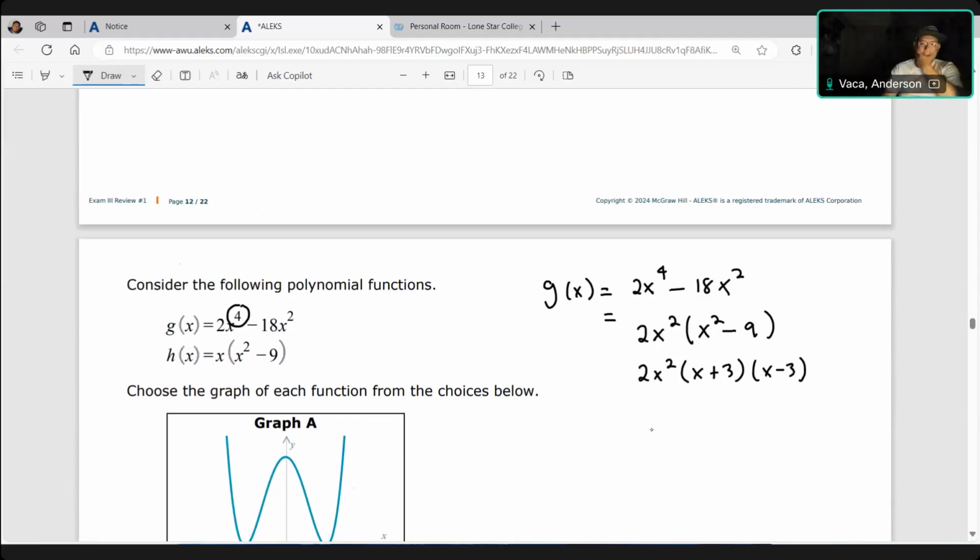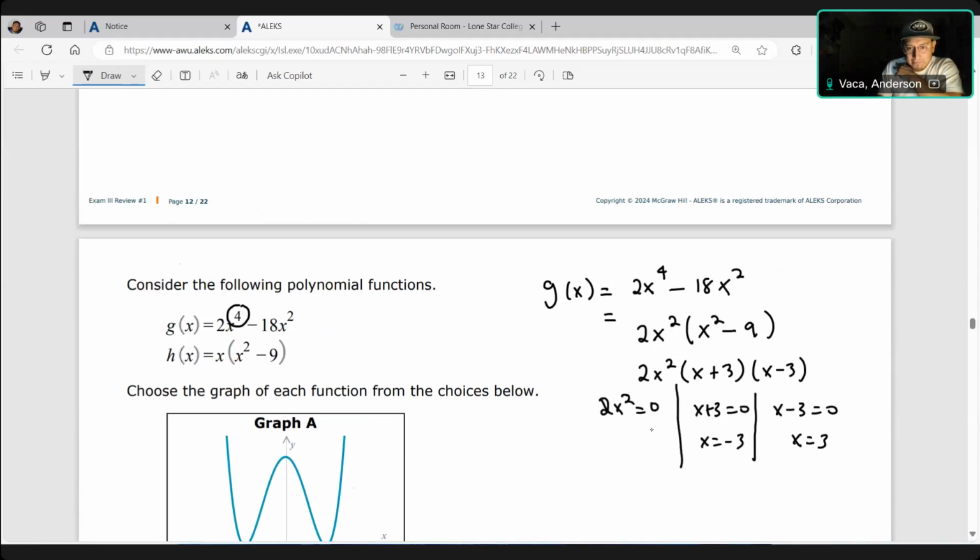Okay, so what we're looking at is this. We've got 3 zeros. 2x squared is equal to 0. x plus 3 is equal to 0, and x minus 3 is equal to 0.